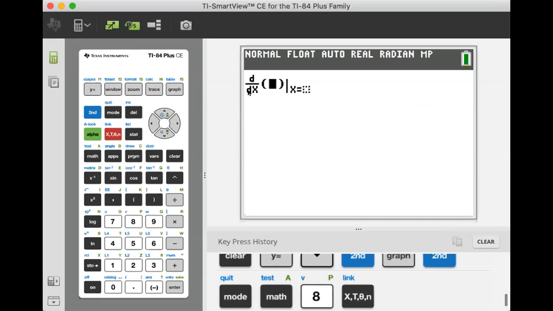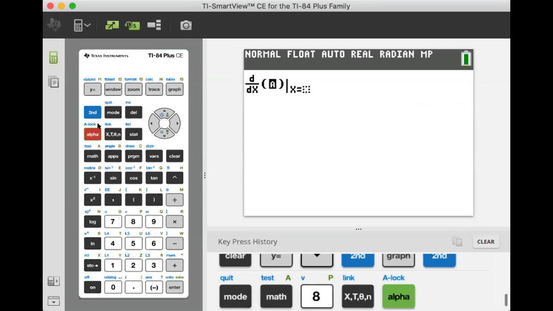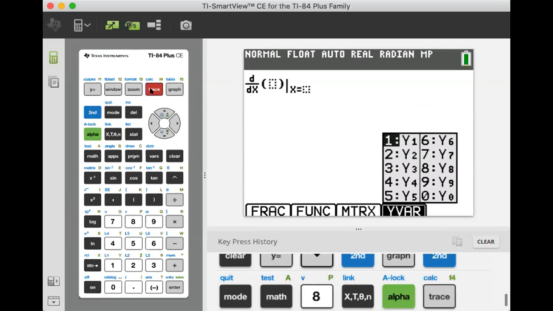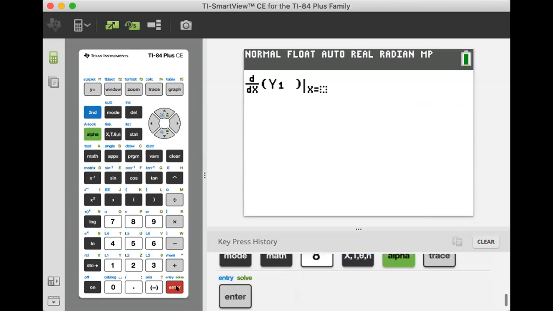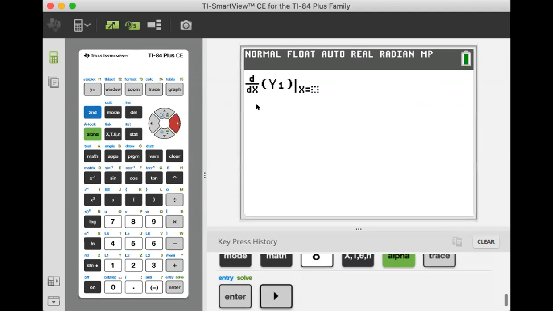And here's what I mean. I'm not going to retype all that. It's already in my calculator. So go to alpha trace F4. There it is right there, Y1. I hit enter. And so what that does is it takes the equation that's stored in my Y1 in my calculator and puts it automatically in there.